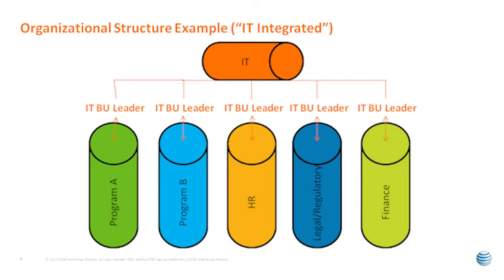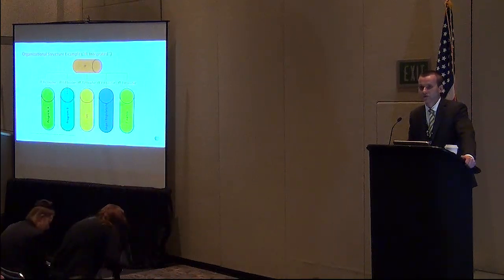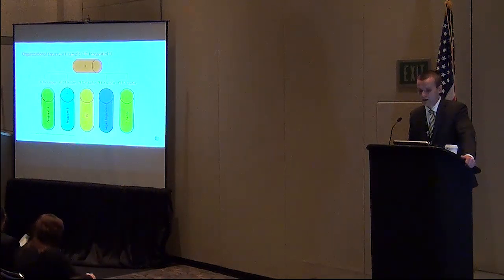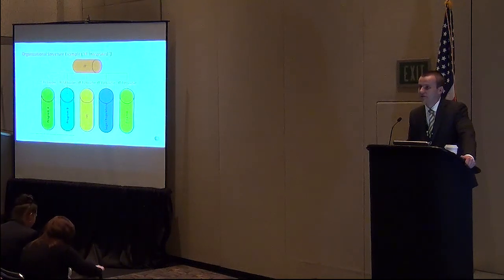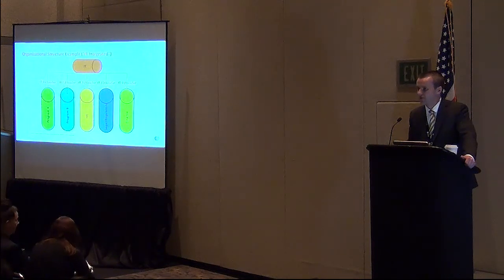So in this particular model, one of the things we're going to talk about today is having business unit leaders or business unit champions that work directly with each of your programs or different segments within your organization. If you have somebody in IT that is directly aligned with those business units, you'll have somebody that really understands what this business unit does on a daily basis. What is a day in the life like for a worker in this area?